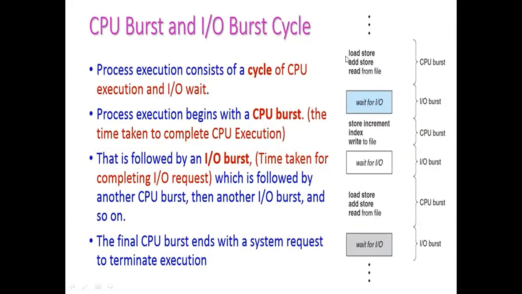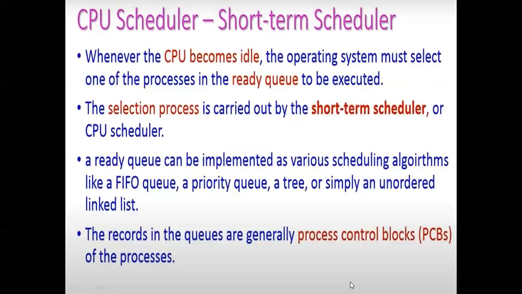So the load, store, add, and read from file commands will be processed, and it has to wait for the I/O request to be completed. Then store and increment, the index value is written to the file, and again it has to wait for another I/O request. The process continues. The final CPU burst ends with the system request to terminate the execution.